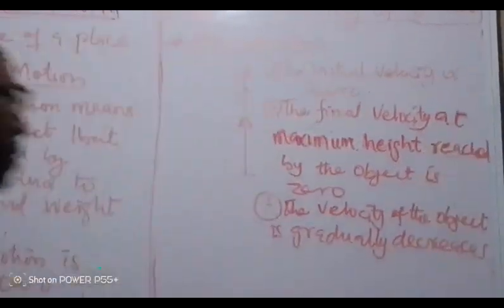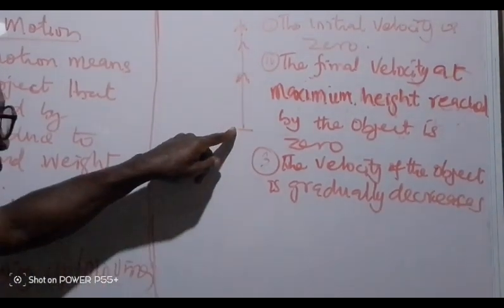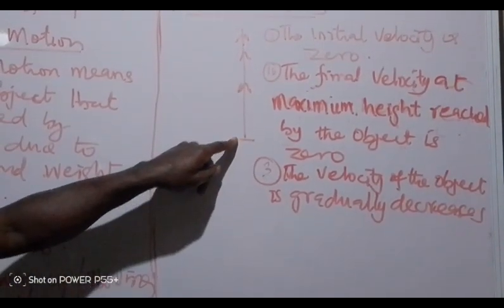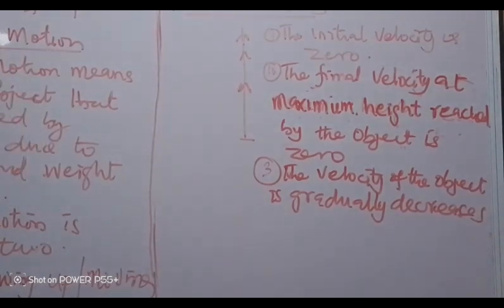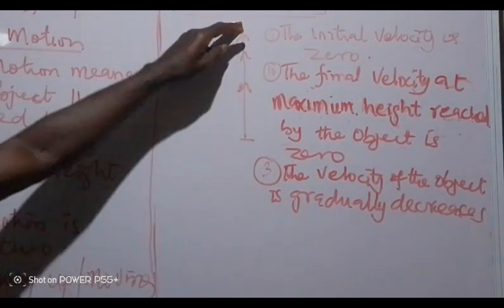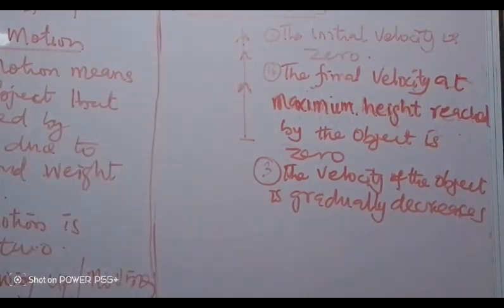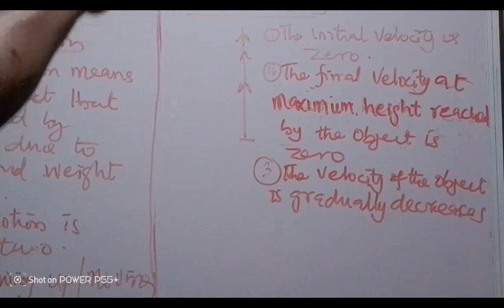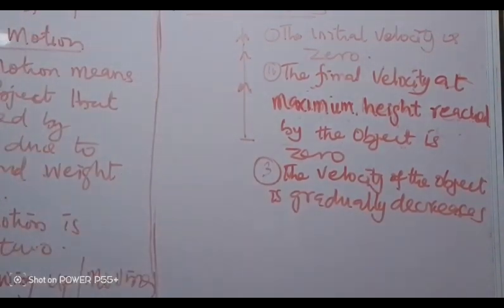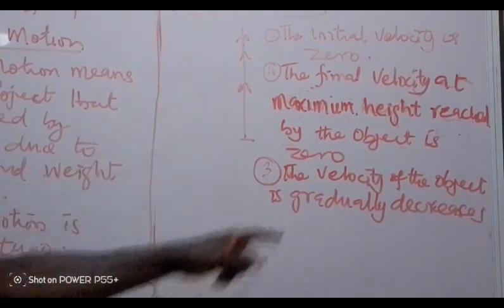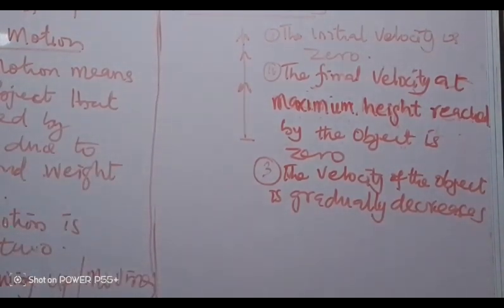That is, as it moves from the ground level up, the velocity will be gradually decreasing. That is why it is possible for that object to reach the maximum height. Let's say the velocity is increasing as it's moving up. It's not possible for it to reach the maximum, but the fact that as it moves up, gradually the velocity will be decreasing.